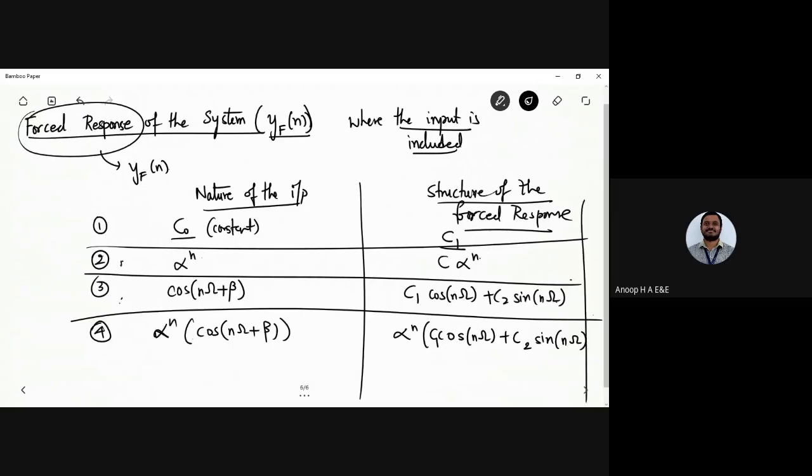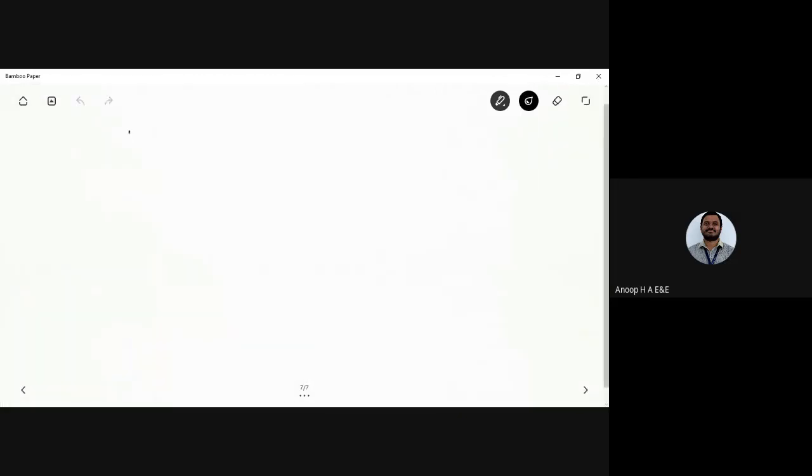So that forms a certain set of inputs, and next there is the next table. Again, I'll be having nature of input, then structure of forced response. First one is n. Second one, you have n squared, n cube, and I can raise it to power p.